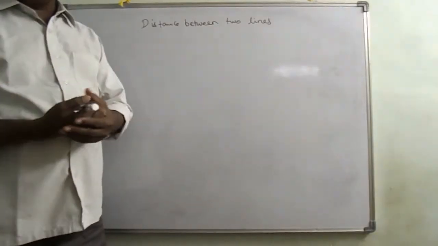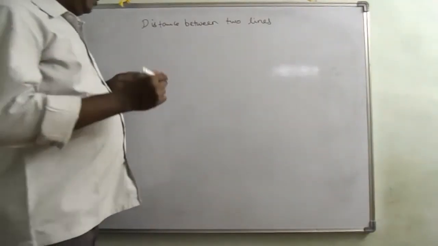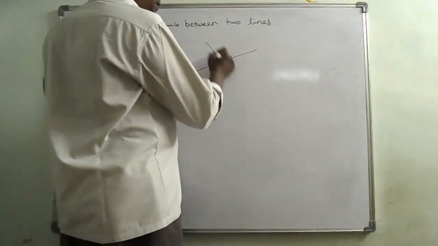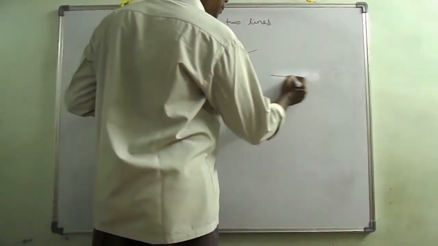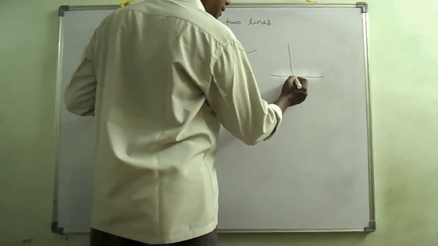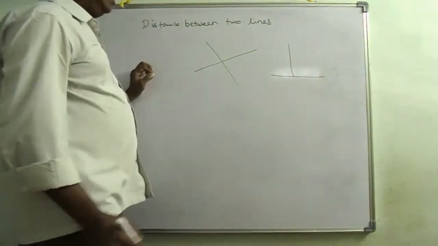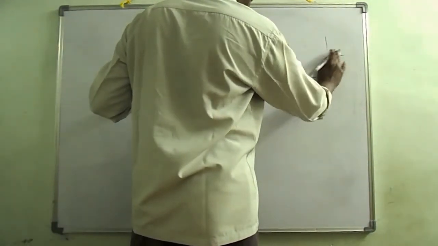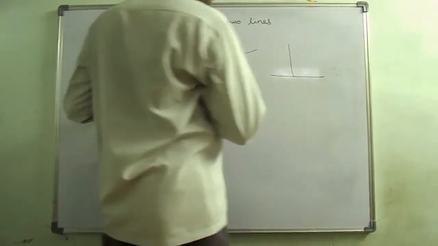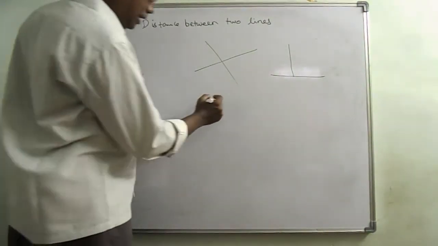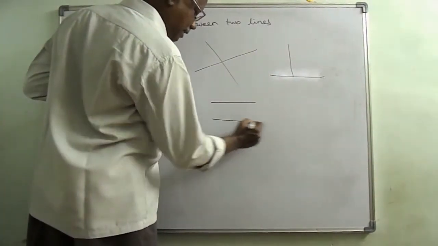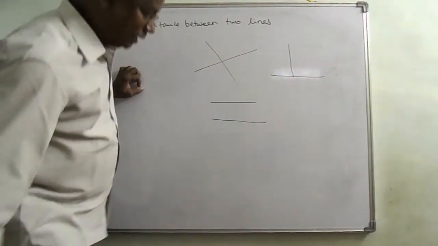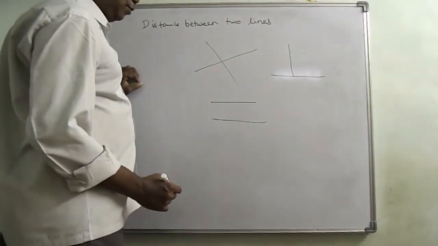There are mainly three types of lines. First one is intersecting lines. Even the perpendicular lines are also intersecting lines. At one point, if produced, they will intersect. Another one is parallel lines. Another one is neither parallel nor intersecting; those lines are called skew lines.